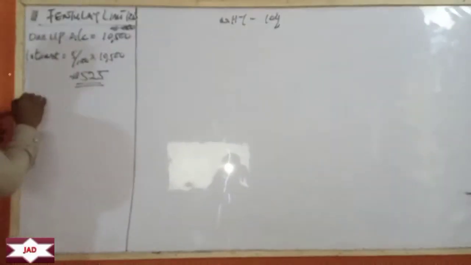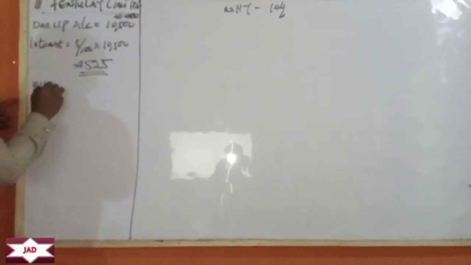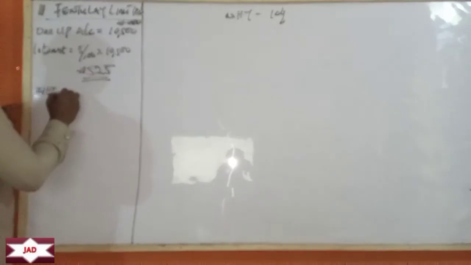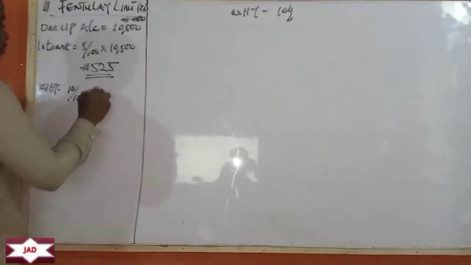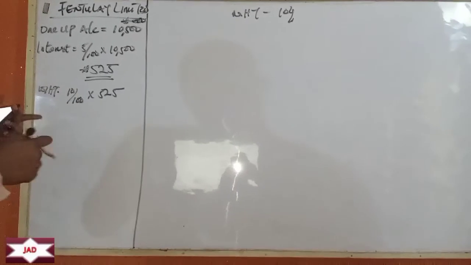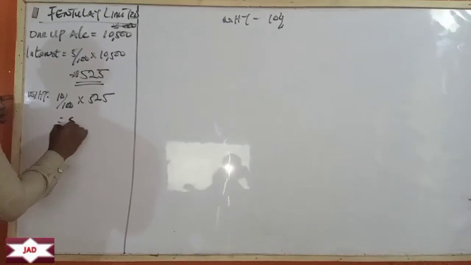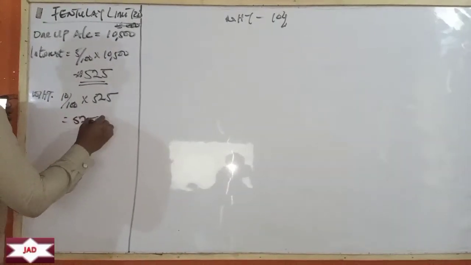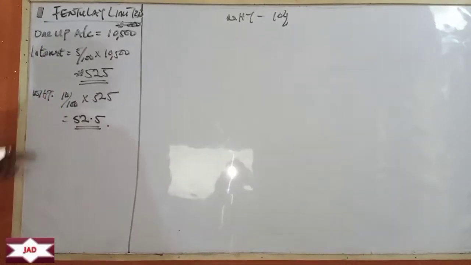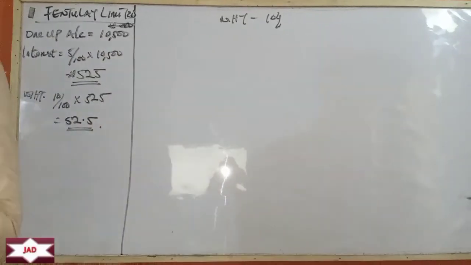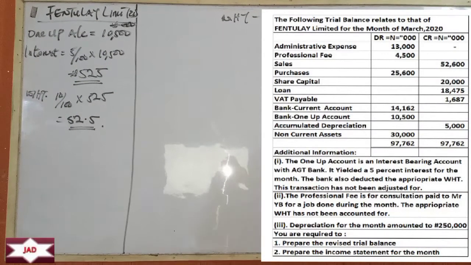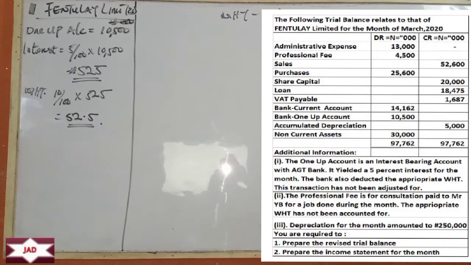So withholding tax will be 10/100 times 525, so this is 52.5 there.